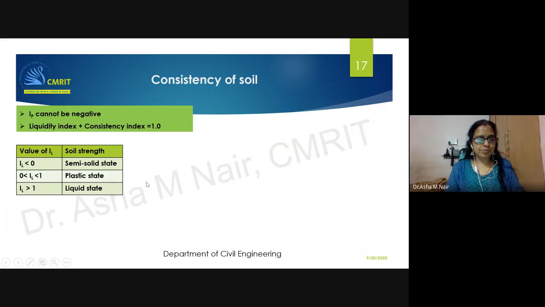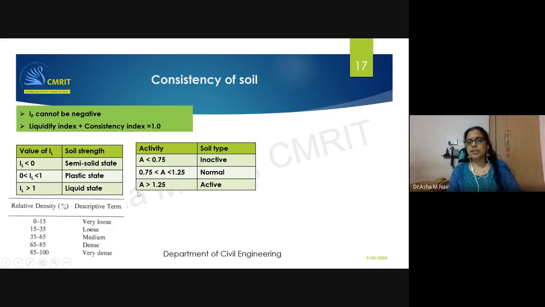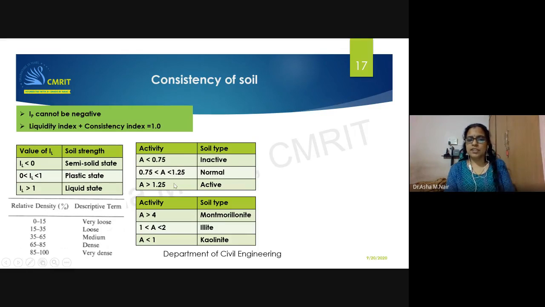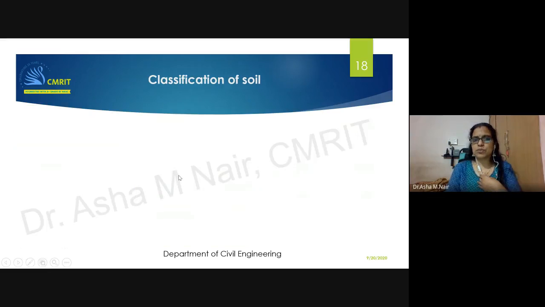And so these are the different variations with respect to the relative density, activity and sensitivity. So I'm not highlighting more about this, but I just wanted to give you these numbers so that at any point of time, this should become a good resource for you in your future also.